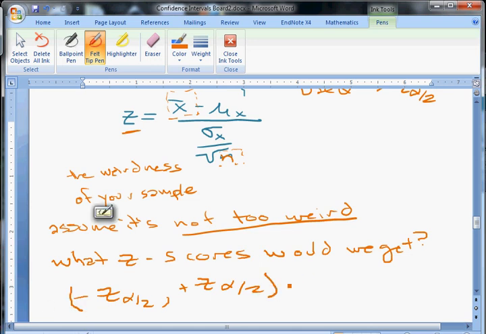Well, x bar is fixed, right? That's stuck. Sigma x is stuck. Square root of n is stuck because we already took our sample. And so the only thing that can change between negative z alpha over 2 and positive z alpha over 2 is mu x, which means that if we take these two values, those will kick out a mu x that's low and a mu x that's high.